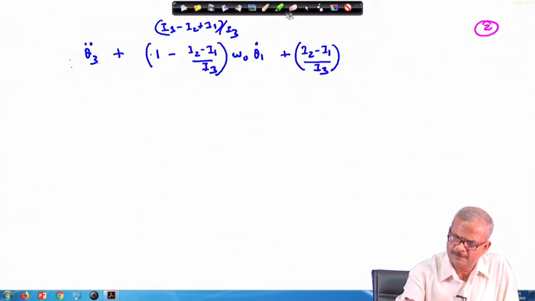Omega 0 we can put in the beginning here itself, is equal to 0.